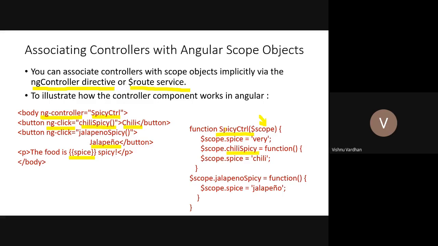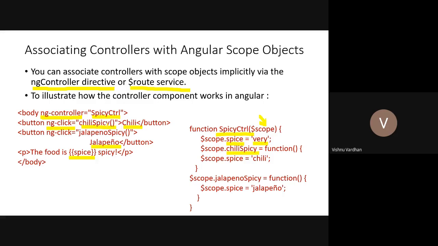The chili spicy is a function, and there is a property associated with the $scope object with the name spice. The spice is initialized with the value very, which means whenever the page is loaded for the first time, it shows the food is very spicy. That is the initialized scope object.